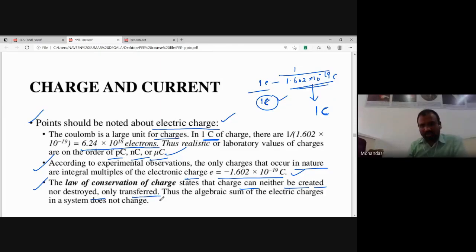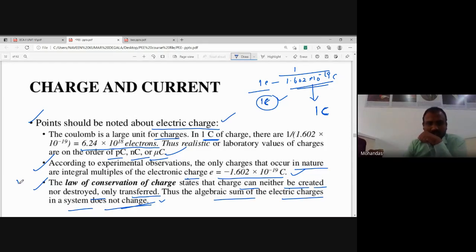We can only transfer that particular charge. Thus, the algebraic sum of the electric charges in a system does not change. This is the law of conservation of charge. While discussing KCL and KVL, we will come to this law.